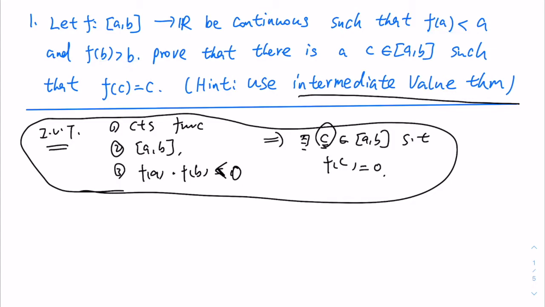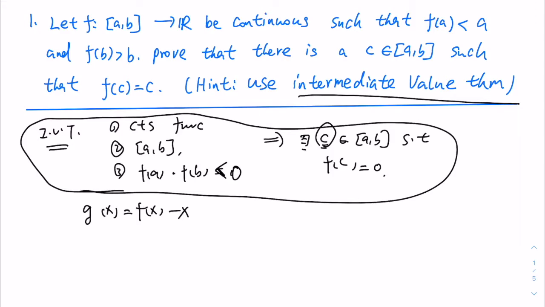So we can generate a new function, suppose g of x, which is f of x minus x. Because f of x is a continuous function, and x is a continuous function, this one is just y equals x, the difference of two continuous functions, g of x, is also continuous. And g of x is also defined on a closed interval, because this is a to b, and this can also be defined on a to b.